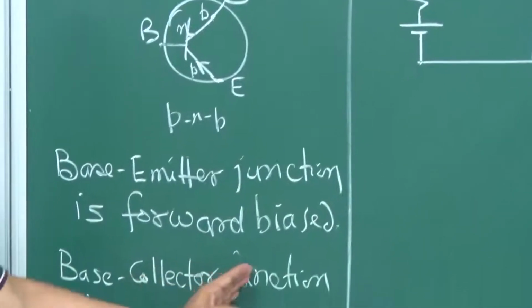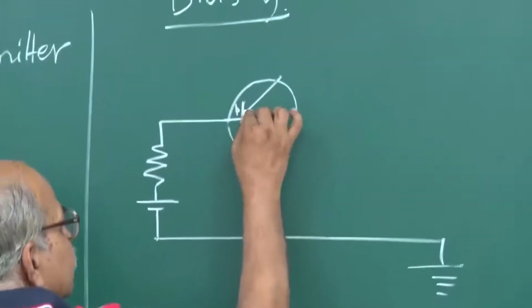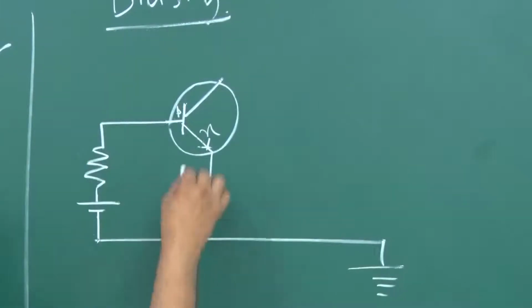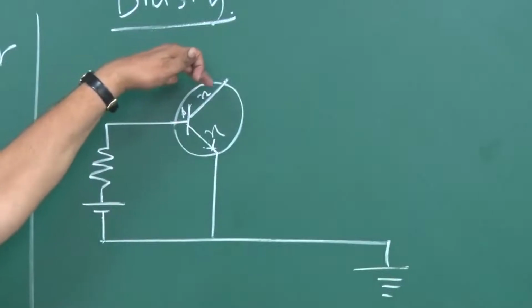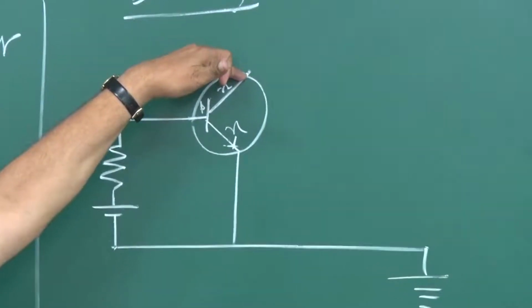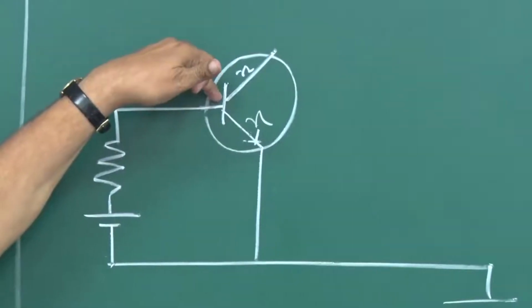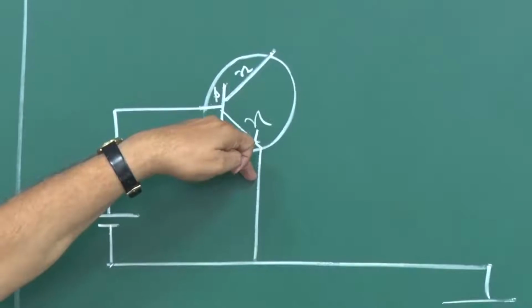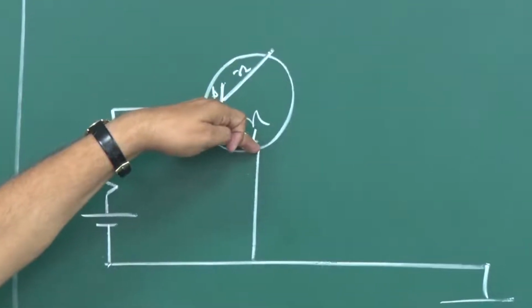And then the base collector junction should be reverse biased. Here is the base and here is the collector, and this has to be reverse biased, and remember this is N, this is P, then this is N. So, this N side should be at a higher potential than this P side, and this should be at a higher potential than the emitter voltage.